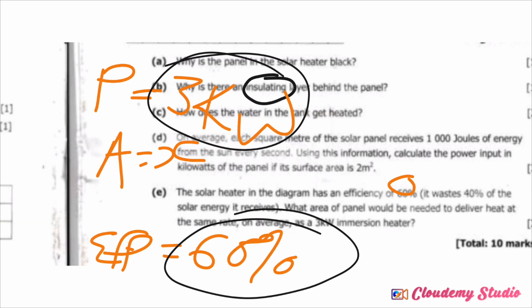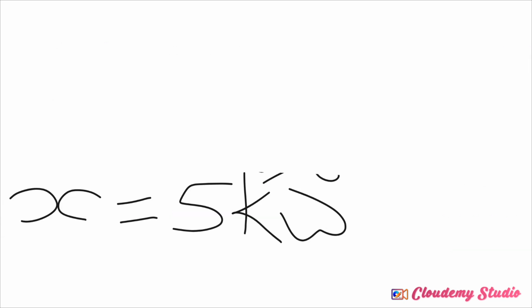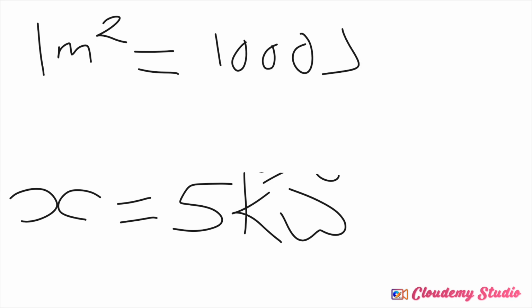In the question we are told that, on average, each square meter is giving us 1,000 joules. So now, on average, 1 square meter is giving us 1,000 joules. Now, how many square meters, X square meters, are the ones which are giving us 5 kilowatts? This one we have already found.